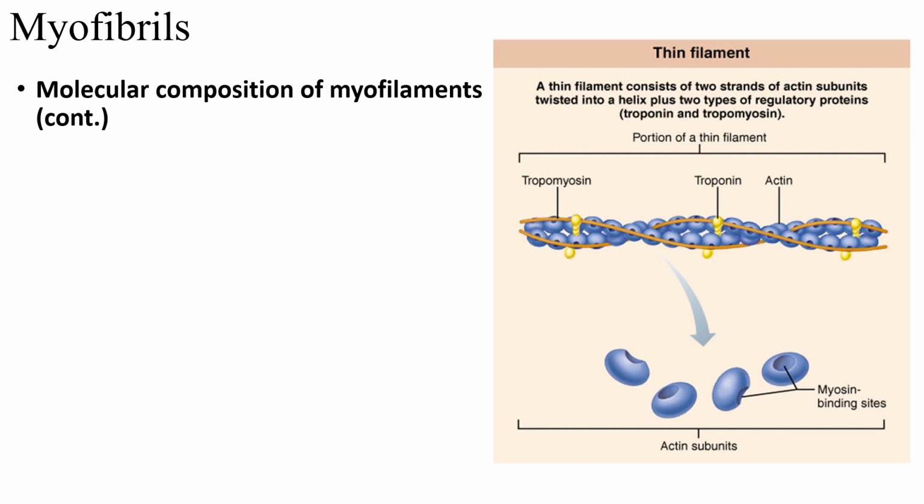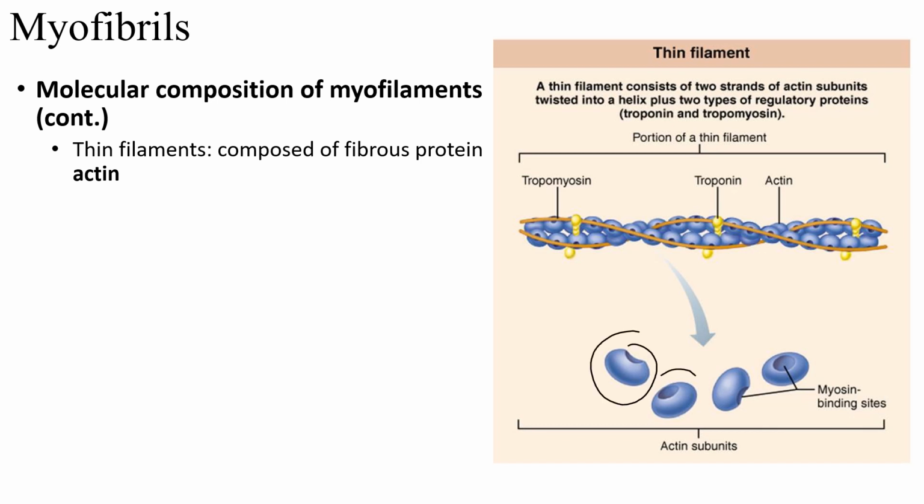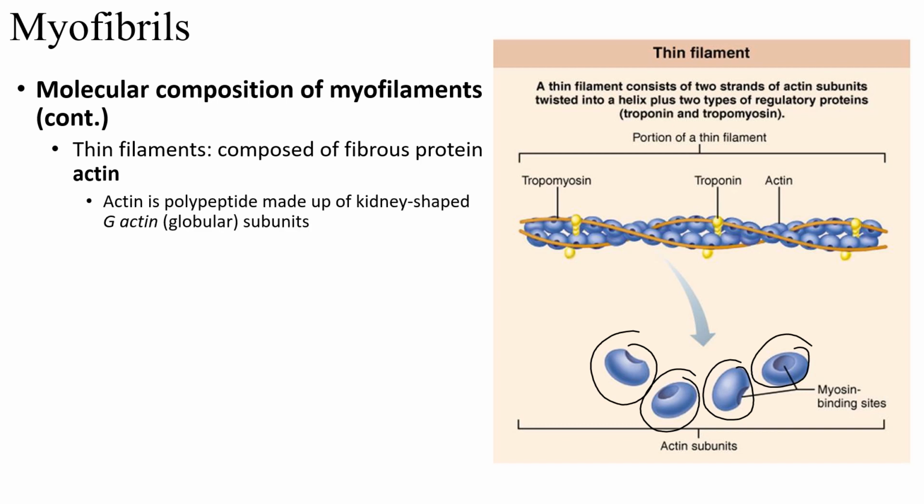So the myofilament actin is going to be thin, and they are going to be composed of these fibrous subunits. So these are going to be the actin subunits, which look like blueberries. They are then going to be joined together to form a filament. Okay, so actin is going to be a polypeptide made of these kidney-shaped G-actin, and the G stands for globular actin.